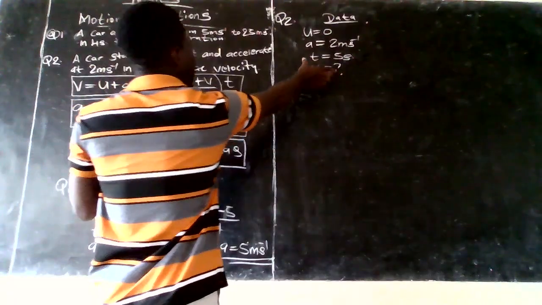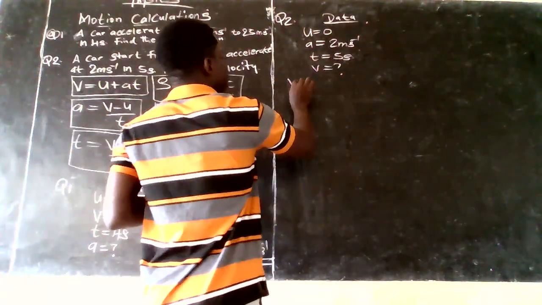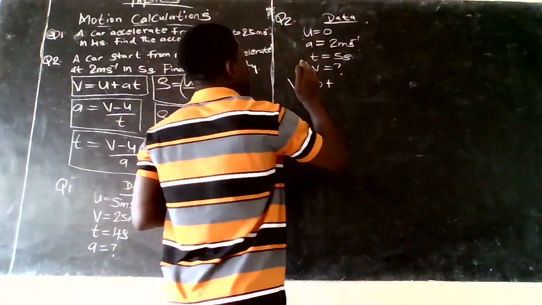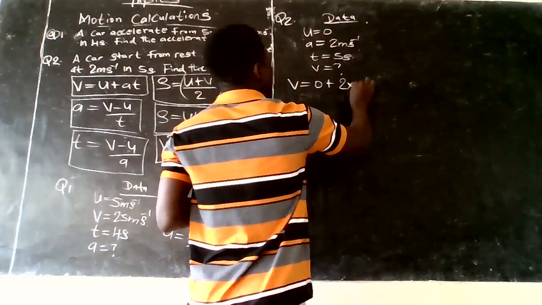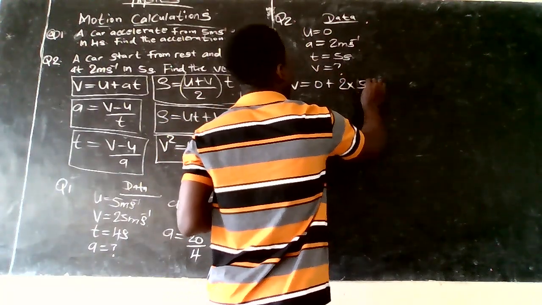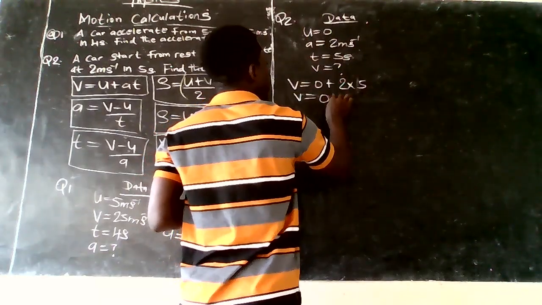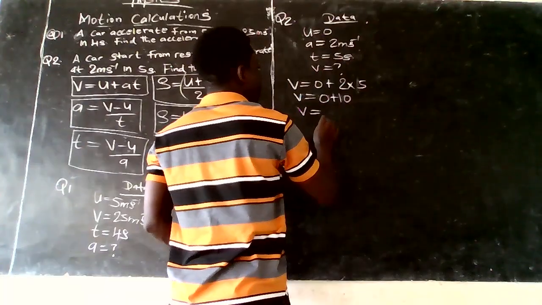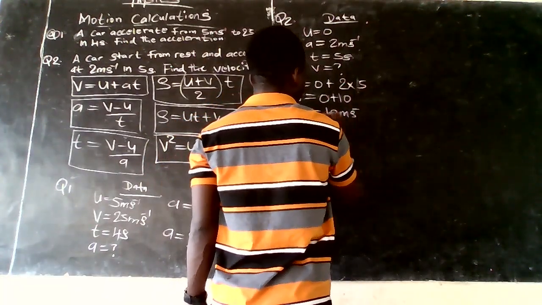We substitute these values into this equation. So v equals, our u is 0 plus a, which is 2, times the time, which is 5. So v equals 0 plus 10. So our v is 10 meters per second.